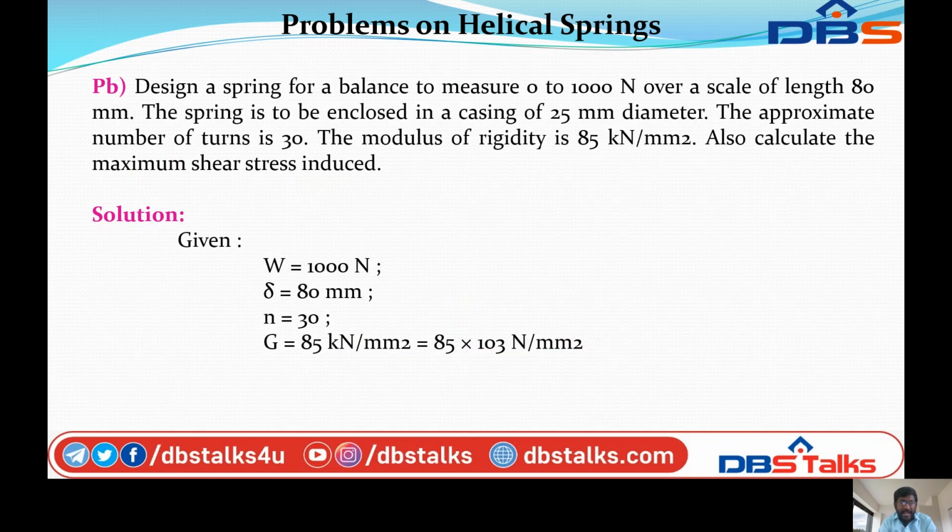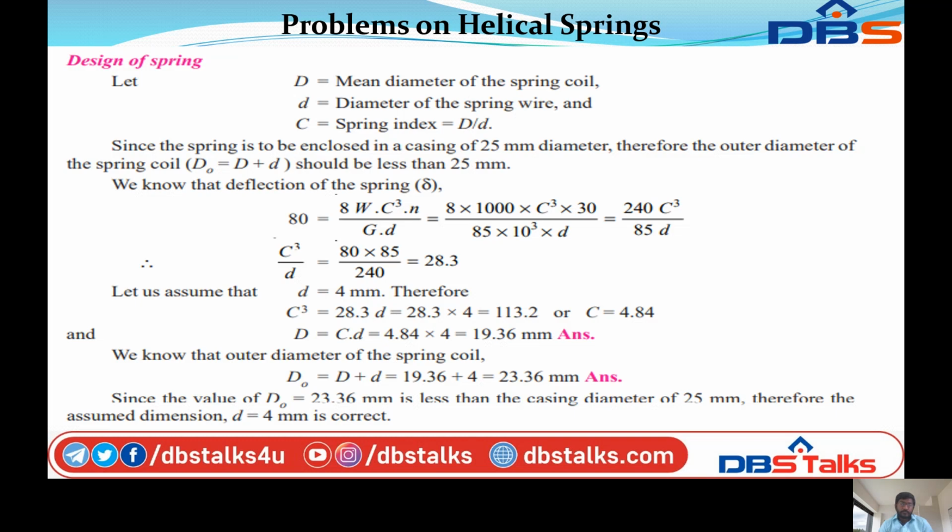So the spring is enclosed in casting of 25 mm diameter. Therefore, the outer diameter of the spring D naught is equal to capital D plus small d should be less than 25 mm. So we know that the deflection of the spring delta is equal to 8 into W into C cube into N by capital G into small d.